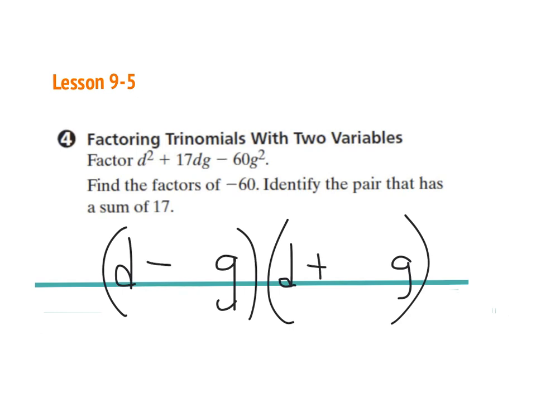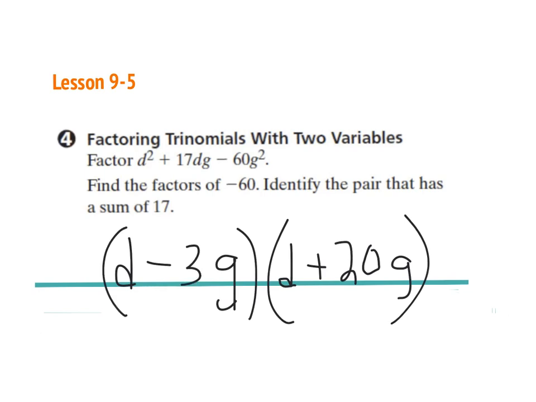And then I start asking myself, numbers that multiplied together give me 60 and that have a difference of 17, okay? Think about it. Did you guess 20 and 3? Awesome if you did. So now, since my second term there is plus, that means the plus and the 20 is going to go there, and then the minus 3g there.